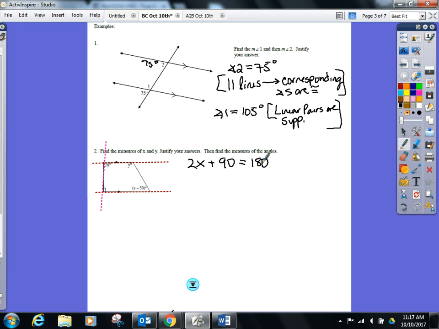Justify. It always starts out with parallel lines. Imply. Now tell me what type of angles you had. Nick? Same side interior angles are, what did we do?